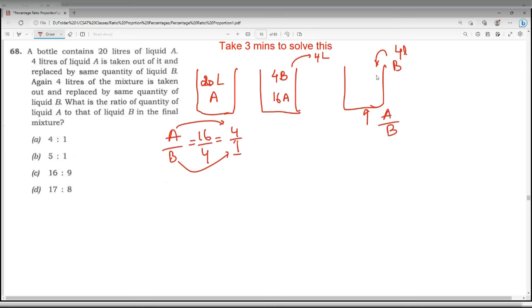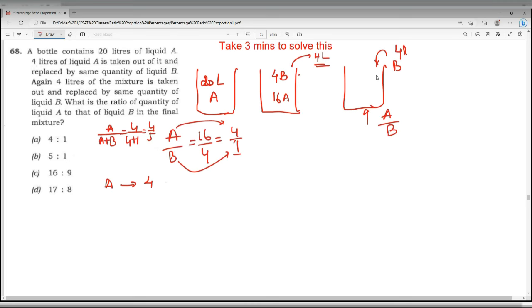So when we are removing 4 liters again from this mixture, in that 4 liters we want to calculate the amount of A that is going out. The amount of A going out depends on the ratio of A. A to B is 4:1, so the fraction of A in the whole mixture is A by A plus B, which is 4 by 4 plus 1, equal to 4 by 5.